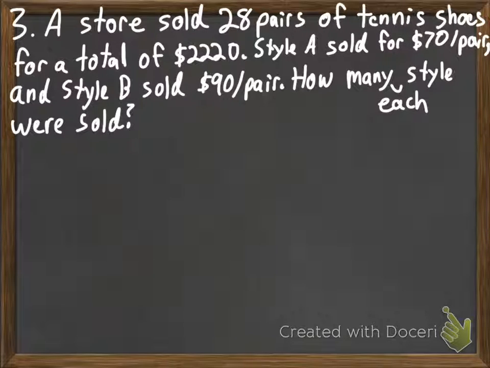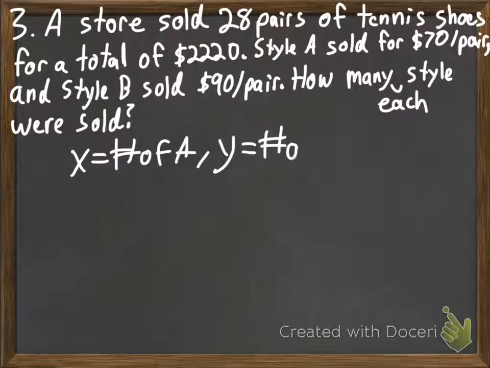So we have pairs of shoes and money. So let's let x equal the number of style A, and let y equal the number of style B. And then we have our two ideas, shoes and money. We need to make a shoe equation and a money equation.